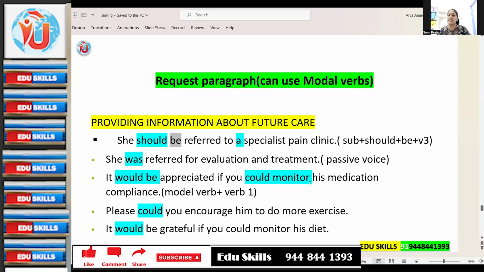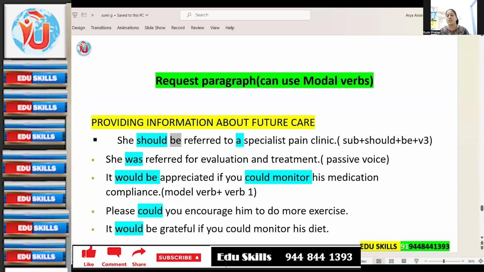Monitor this medication compliance. Please could you encourage him to do more exercise; that is only verb 1. It would be grateful if you could monitor his diet. I hope the request paragraph should be written like this.